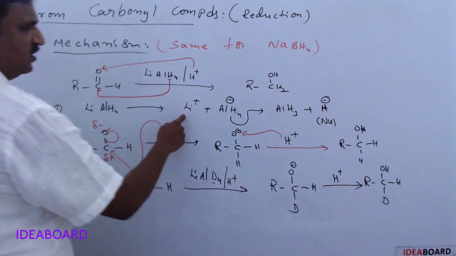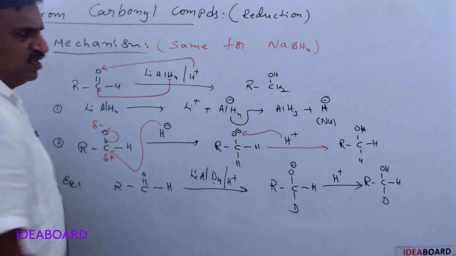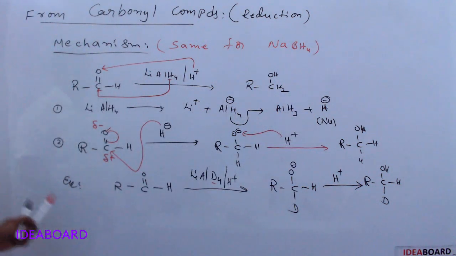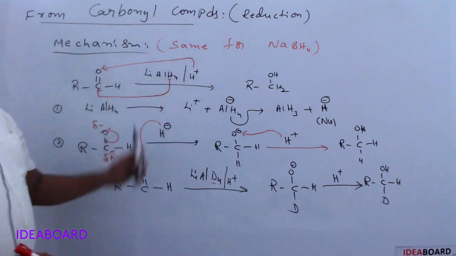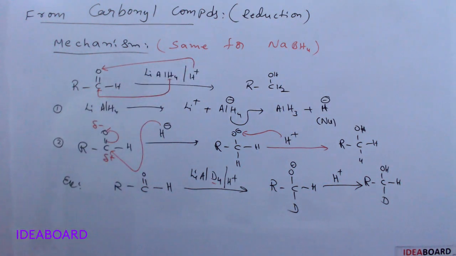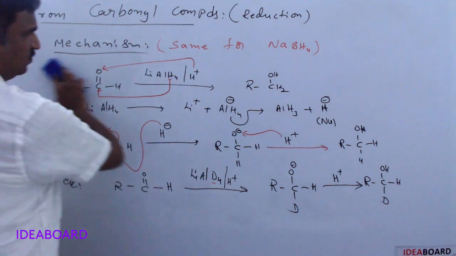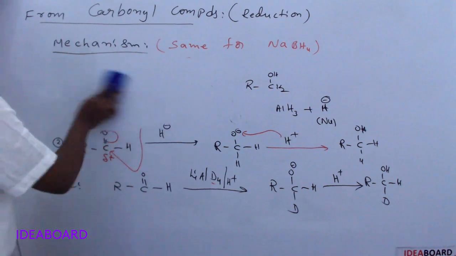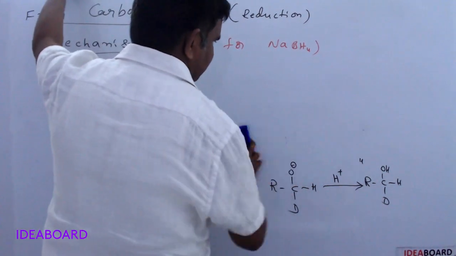Then you will get Na plus and BH4 minus, and then BH3 and H minus is formed. Again the same process will occur. So lithium aluminum hydride or sodium borohydride will give the same mechanism, but the reactivity is different. Lithium aluminum hydride is more reactive than sodium borohydride.